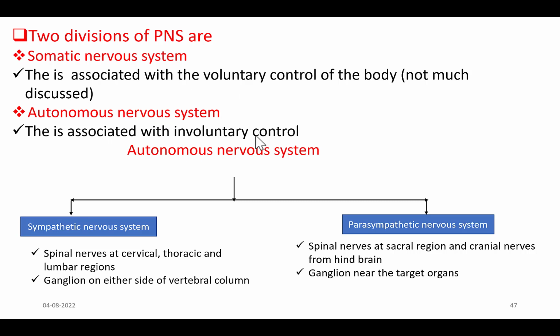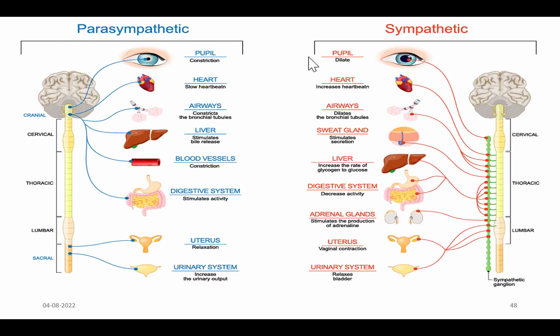This autonomous nervous system is further divided into two subdivisions. They are the sympathetic nervous system and the parasympathetic nervous system. The sympathetic nervous system includes the spinal nerves at cervical, thoracic and lumbar regions, and also ganglion that are present on either side of the vertebral column. Look at this picture.